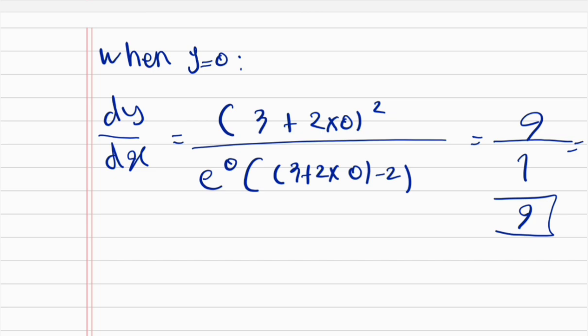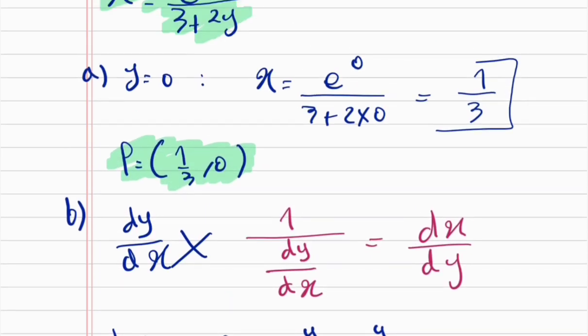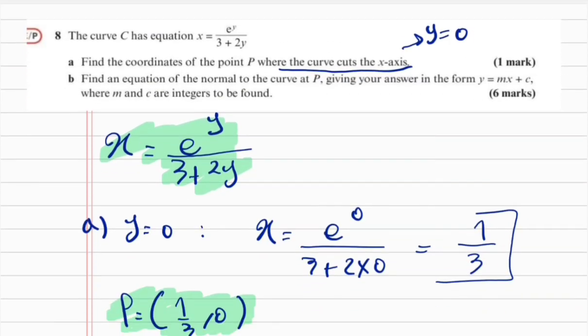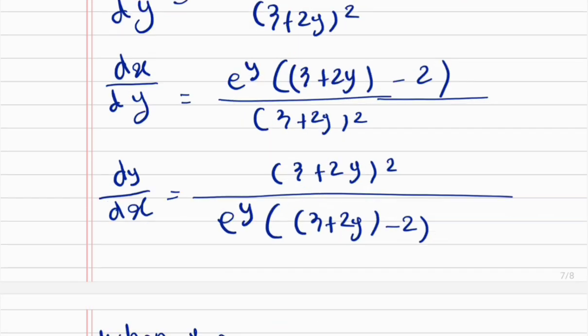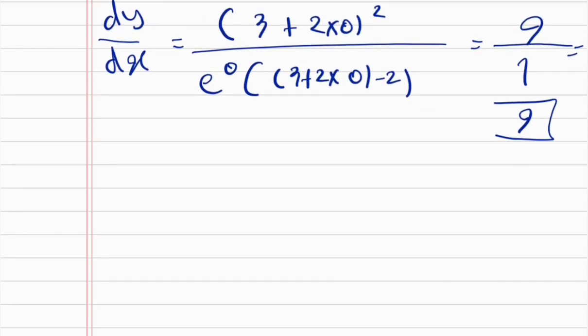This is the gradient of the tangent to the curve, but remember that the question is about finding the equation of the normal. We know that the gradient of the normal is the negative reciprocal of the gradient of the tangent. So the gradient of the normal is minus 1/9.